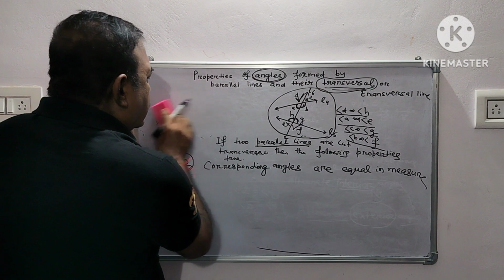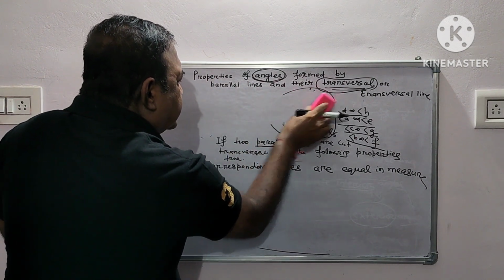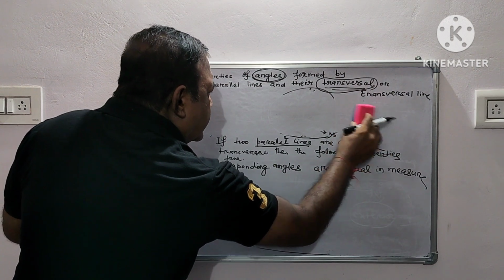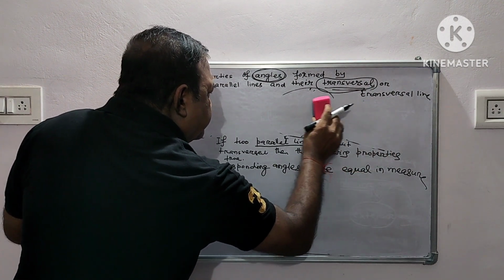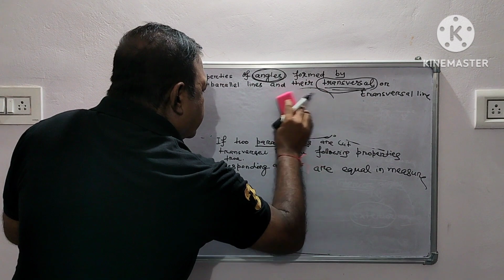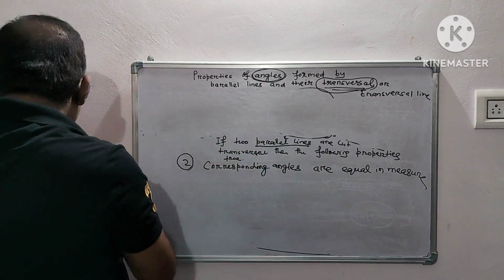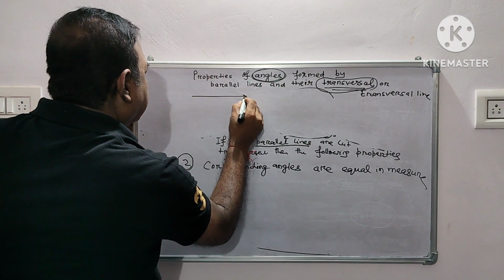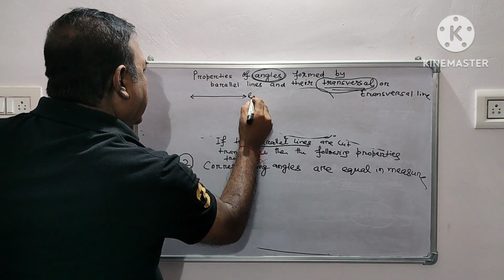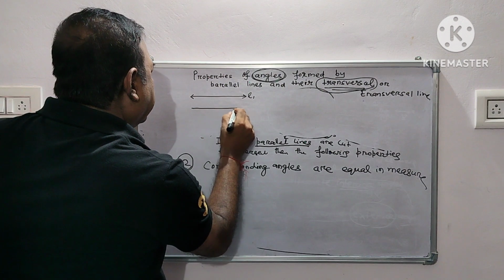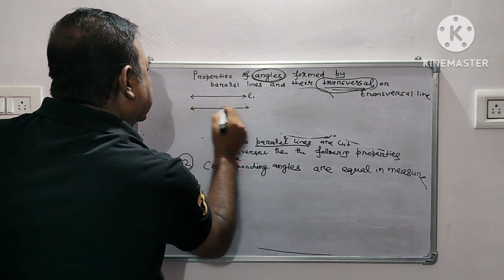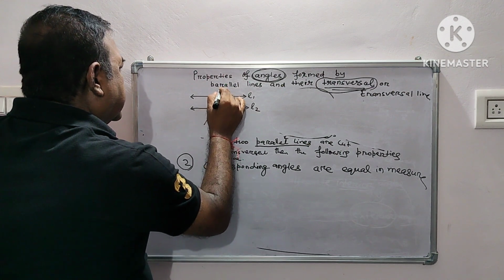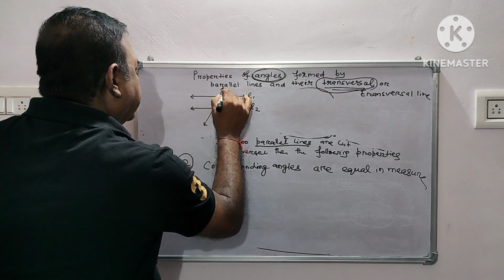So I erase this because we are not discussing the two non-parallel lines. This is L1. This is the representation of the second line. This is L2. This is the transversal L3.